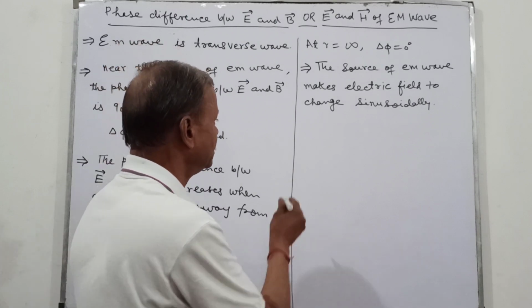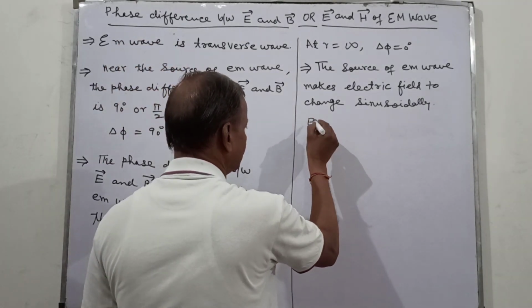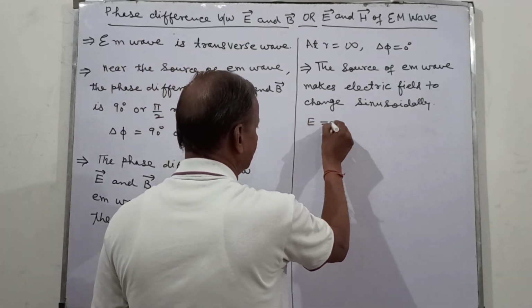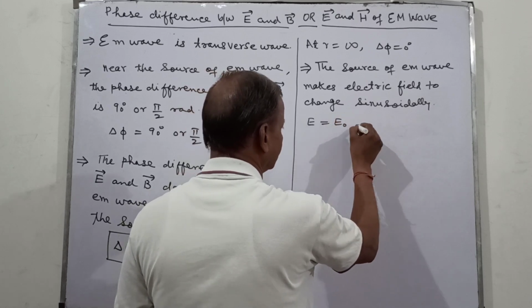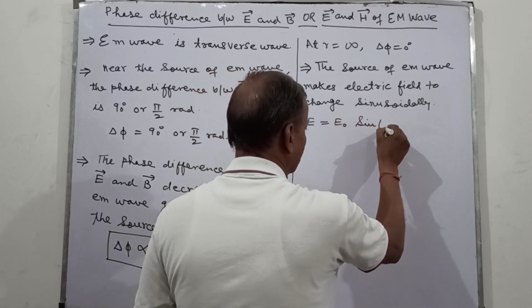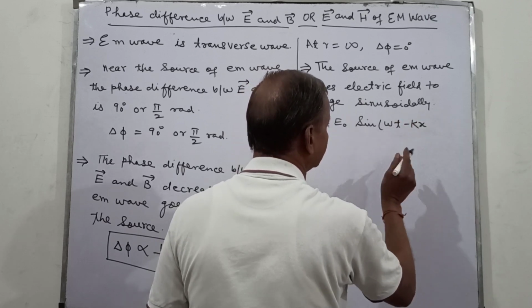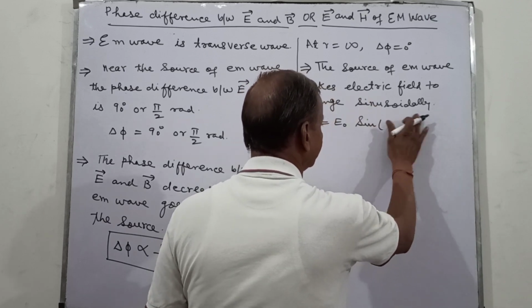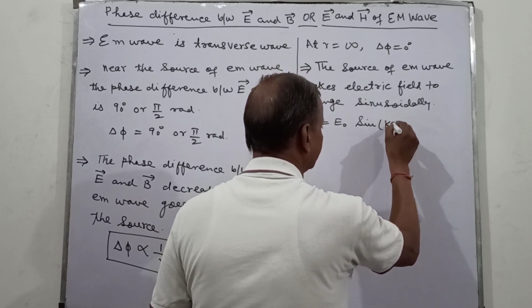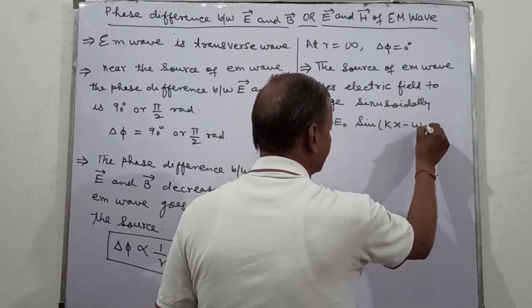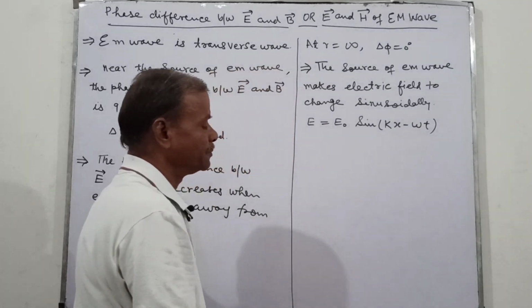It means that this E is equal to E naught sin omega t minus kx, or kx minus omega t.